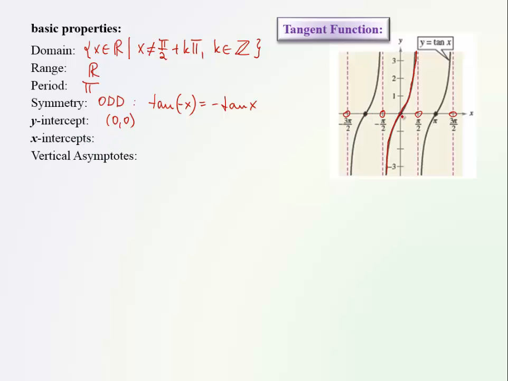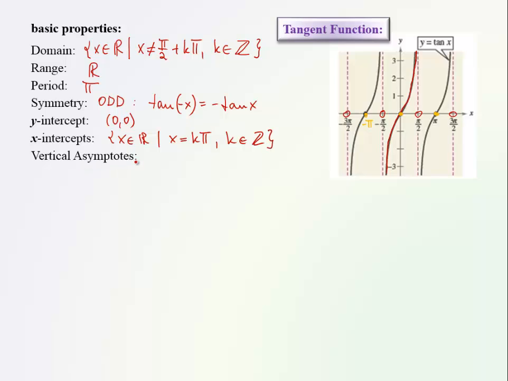X-intercepts, there's a lot of them. So you see the x-intercepts are 0, pi, negative pi, and so on and so forth. So every single pi starting from 0. So we can record it's all real numbers of the type k times pi, where k is an integer.